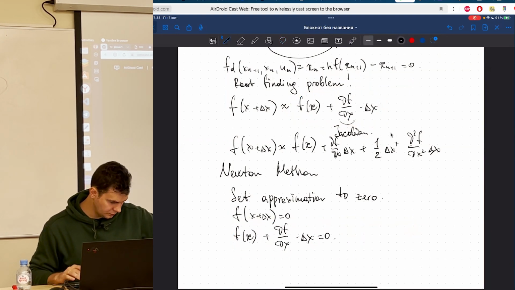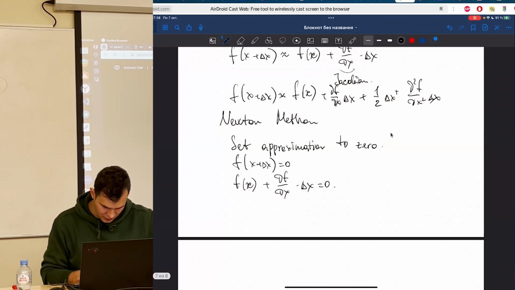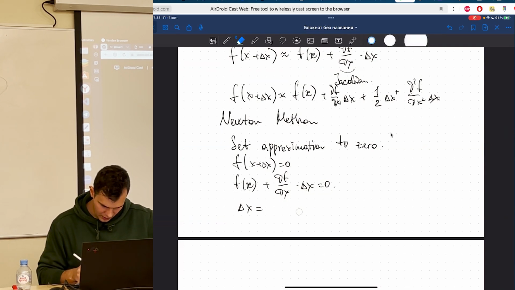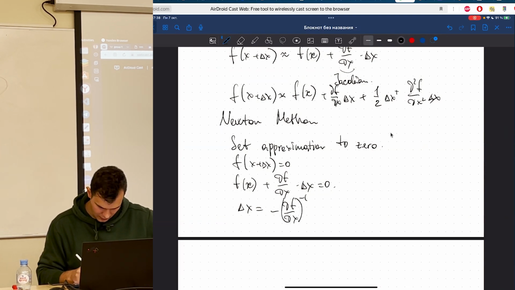And from here you can compute delta x. What will it be? Just minus f of x multiplied by the inverse, so minus the inverse of the Jacobian times f of x.